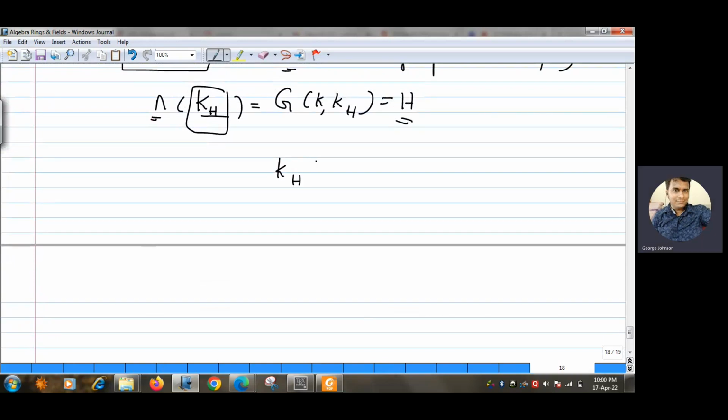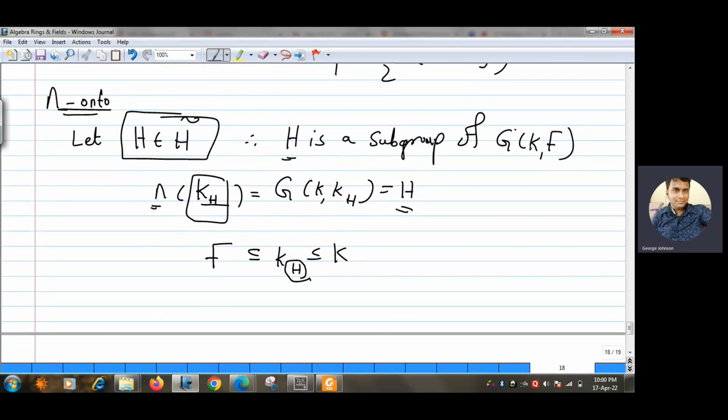Why is this true? See, by definition, KH is the fixed field of H. So obviously it should be a subset of K. Now, will it contain F? The answer is yes. Why? See, what is KH? It is the collection of all those elements of K which are fixed by every element of H. Now, elements of H are also elements of GKF.